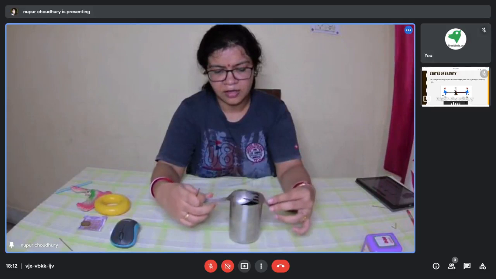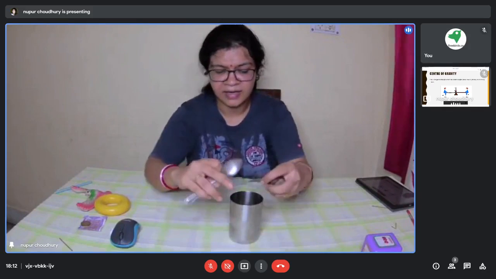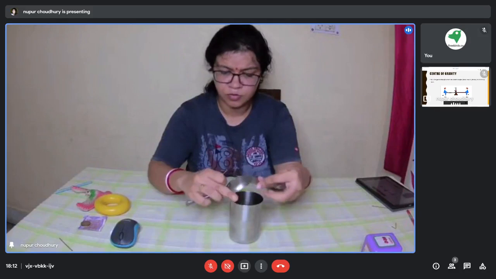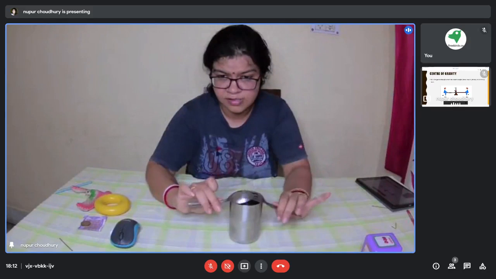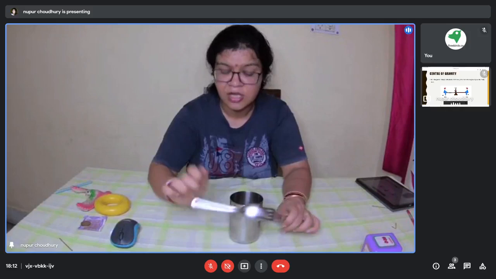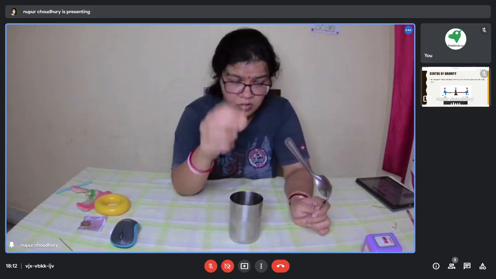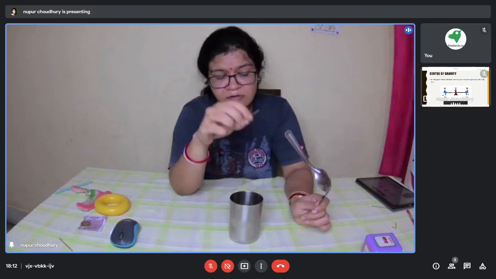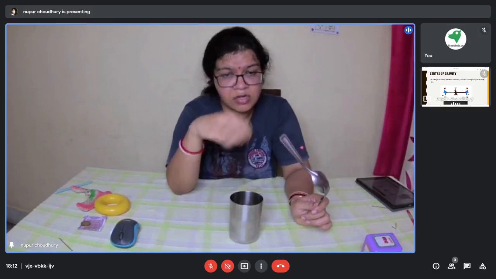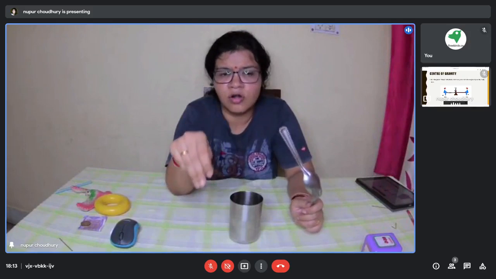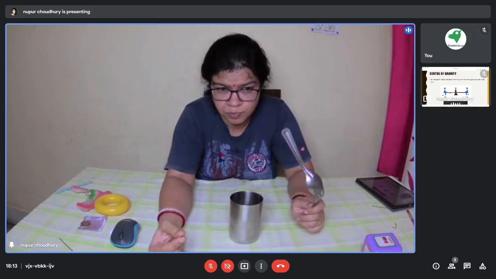I won't be able to put it unless I put it across this glass. But what I did was I did not put it across the glass. I simply kept it on the edge with the help of this toothpick, and it rotated freely about that particular point. So this is where your center of gravity comes into the picture.